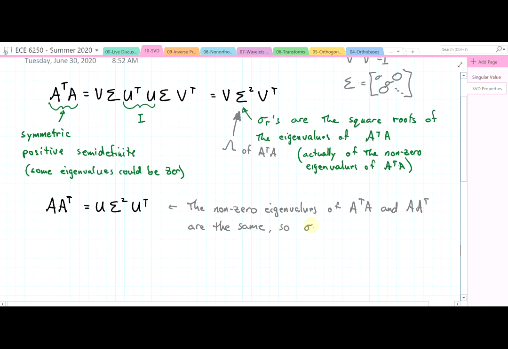So the sigma r's are also the square roots of the corresponding eigenvalues of A A transpose.